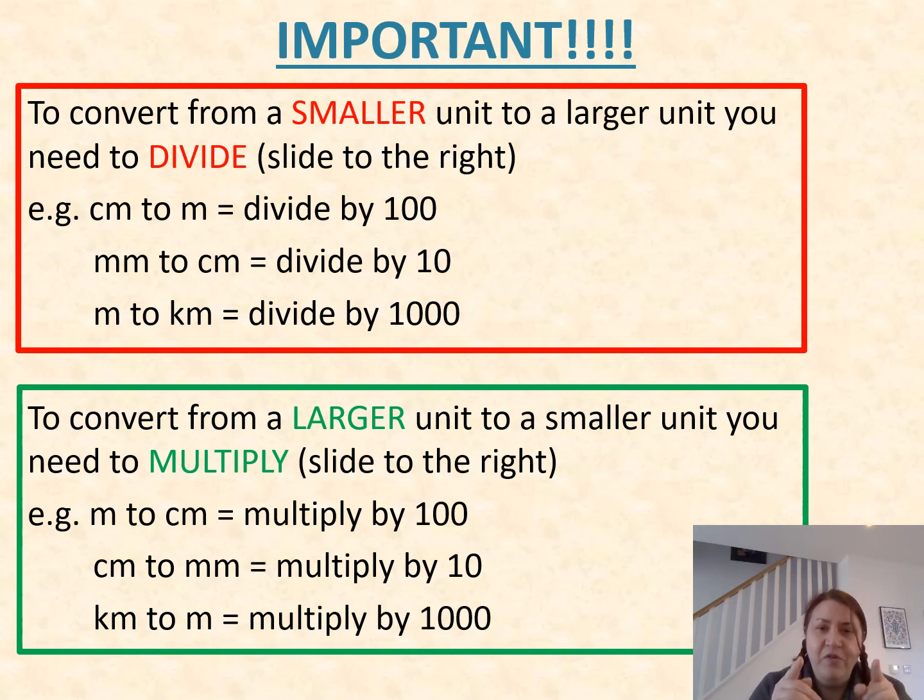Okay, just say that with me. To go from smaller to bigger, you divide. To go from bigger to smaller, you multiply. We'll keep going over that, so don't worry if you get it confused.